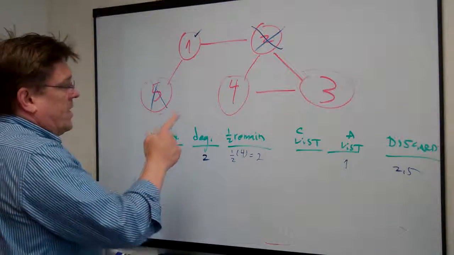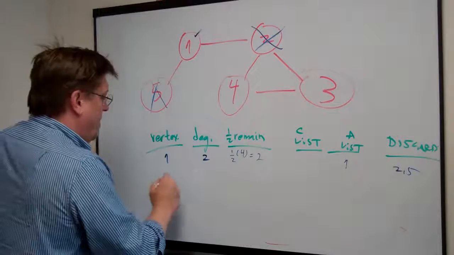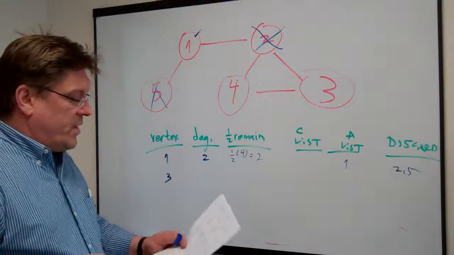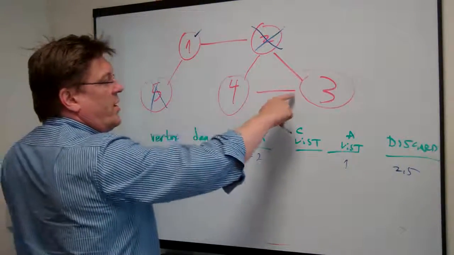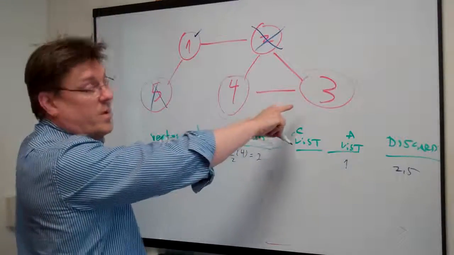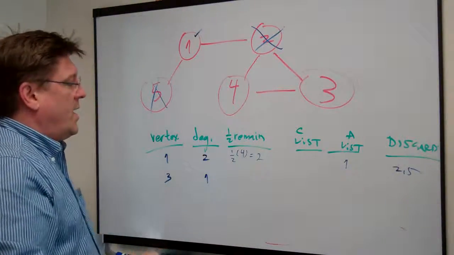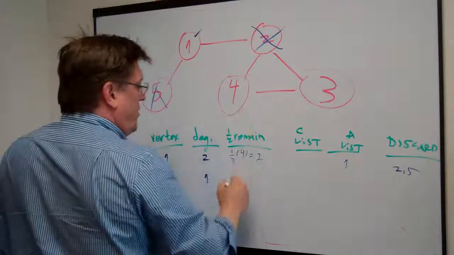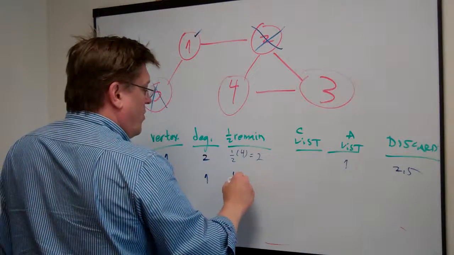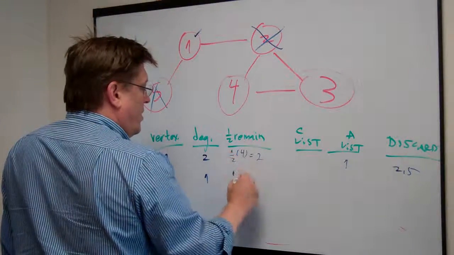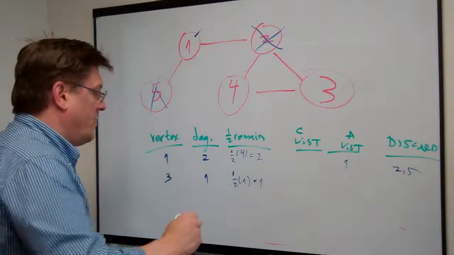Now if we take the next node, take 3. That's going to be of degree 1, because we don't count these other ones. And there's only one remaining node, so 1/2 of 1 is, sorry, 1 is 1/2.